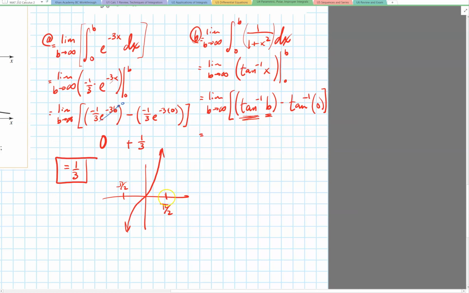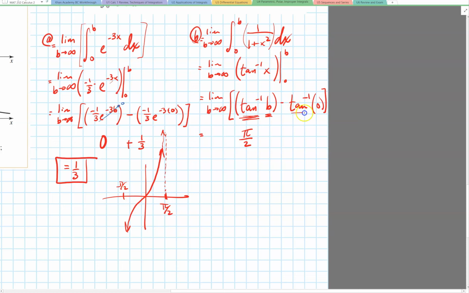Theoretically, we can't evaluate tangent at pi over 2 because this behaves like a vertical asymptote. But if we're asking when does the function itself approach infinity, well, the function approaches infinity as this tangent inverse approaches pi over 2. So I'm going to say that this is pi over 2.